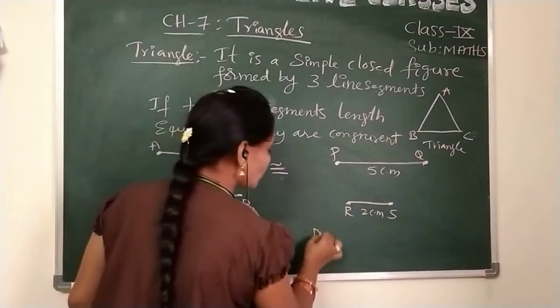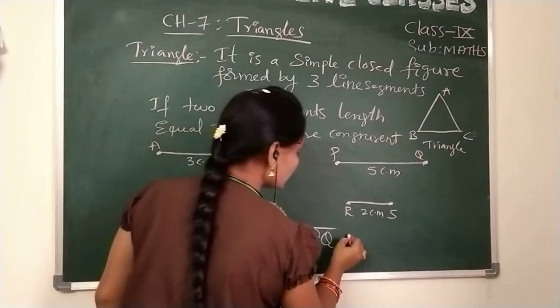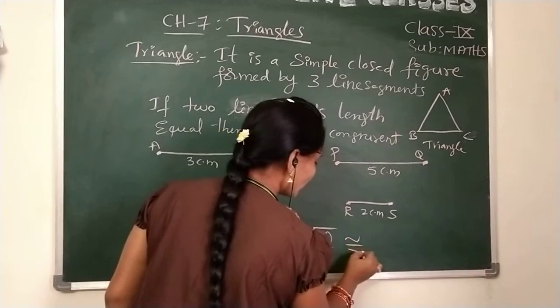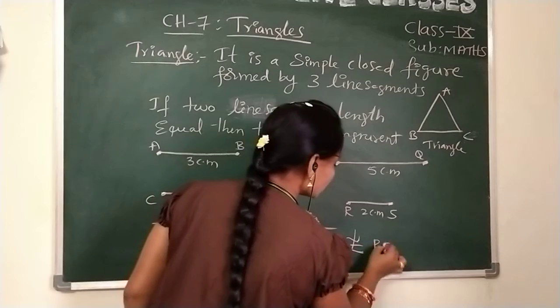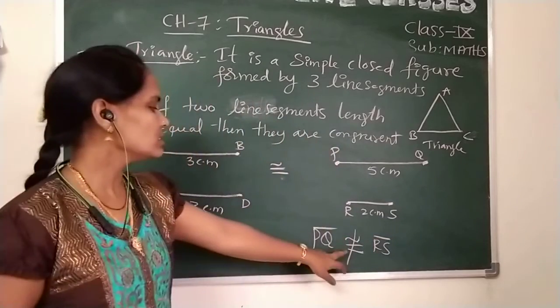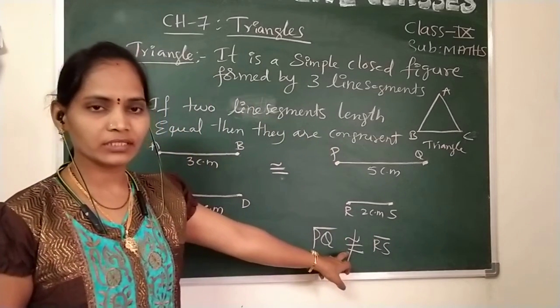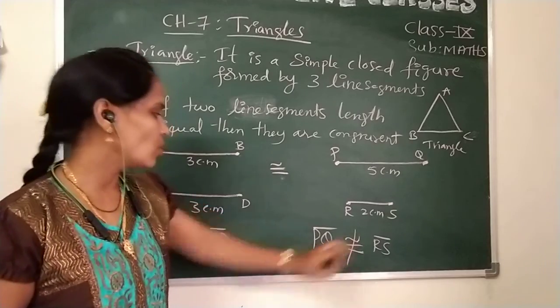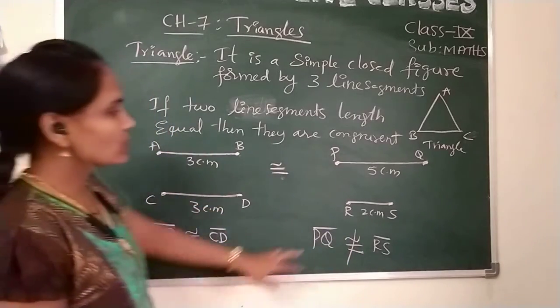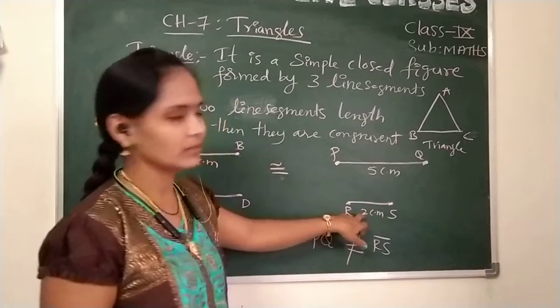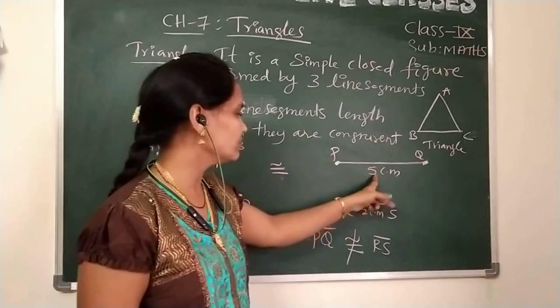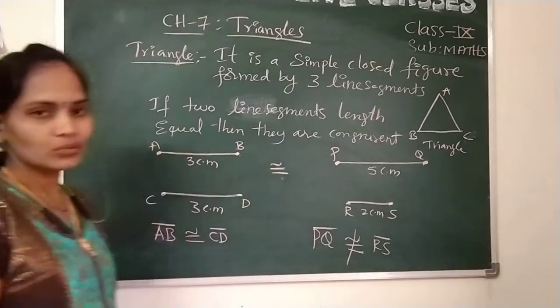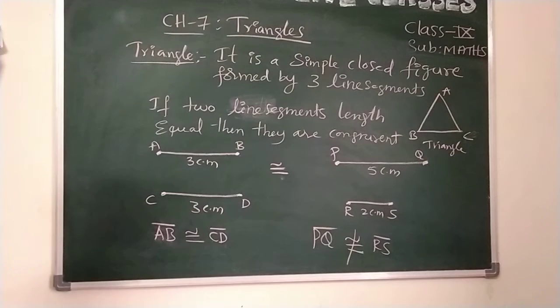So PQ is not congruent to RS. This is the symbol of not congruent, because they have different lengths: PQ is 5 centimeters, RS is 2 centimeters.